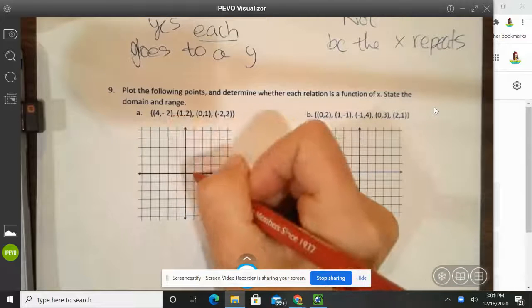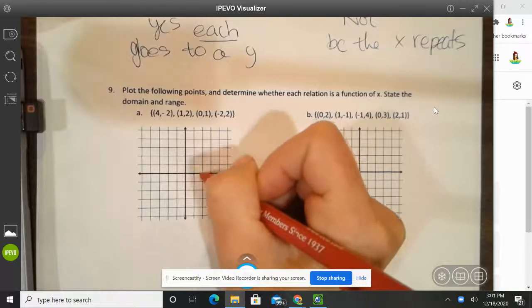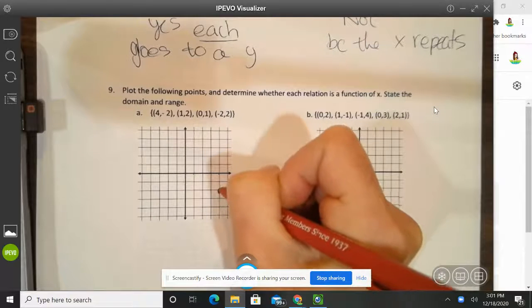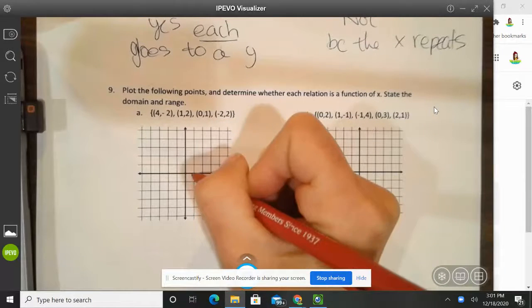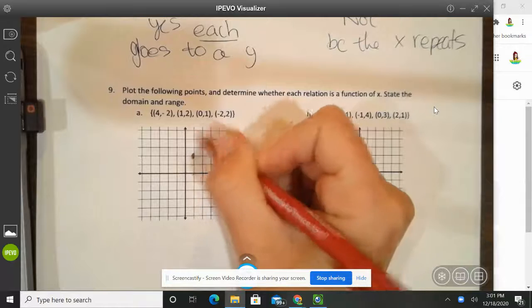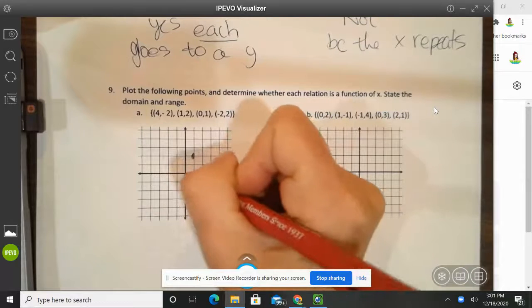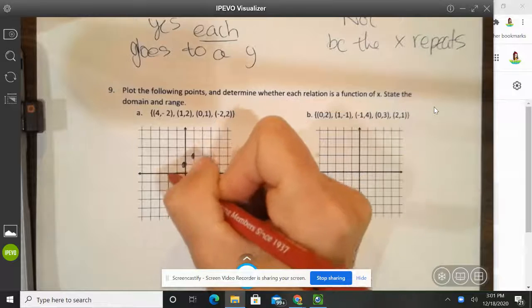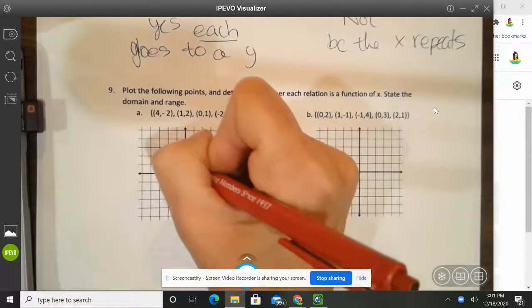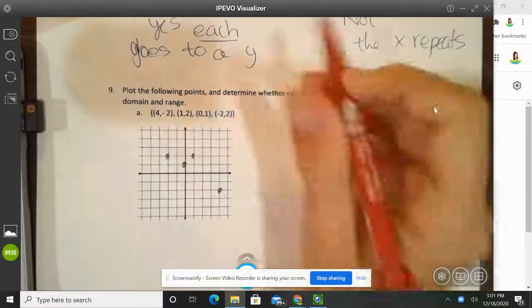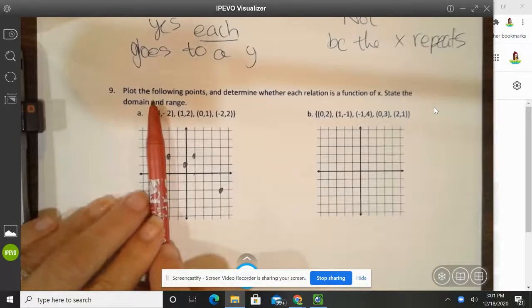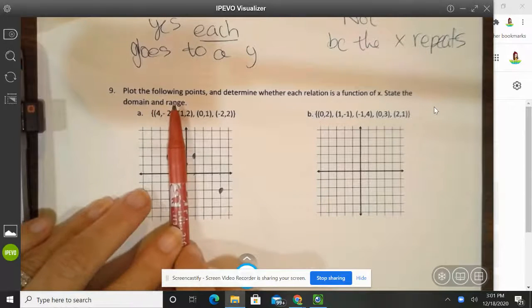So that's 1, 2, 3, 4, 2 down, 1, 2. That's the first point. The second point is 1 to the right, 2 up, 0, 1. And then negative 2, 1, 2, and then 2 up, 1, 2, right here. Now, I know this is a function because there's not another point with the same x.